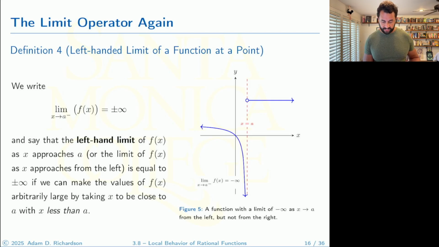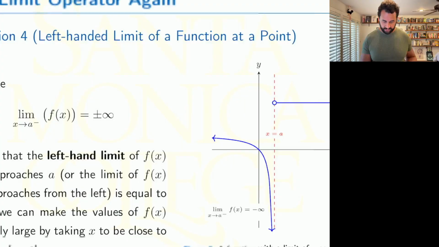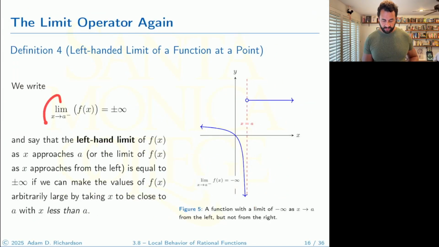We use this notation, a little superscript negative sign, to indicate that we're approaching from the left, from the negative direction. And we can say things like, the limit as x approaches a from the left of f of x is plus or minus infinity.